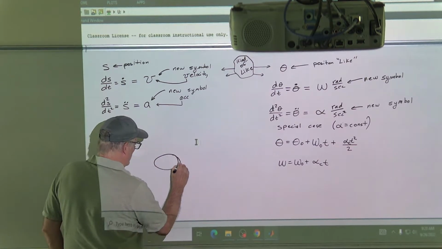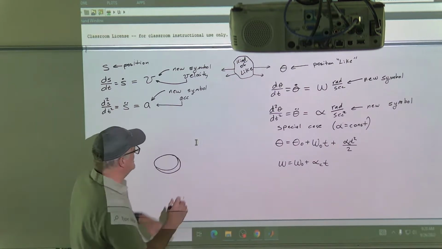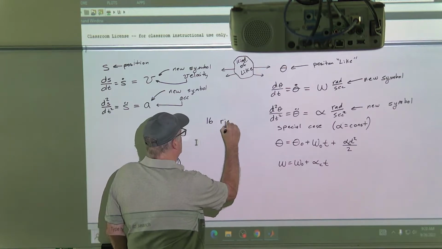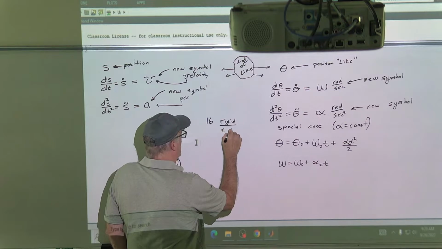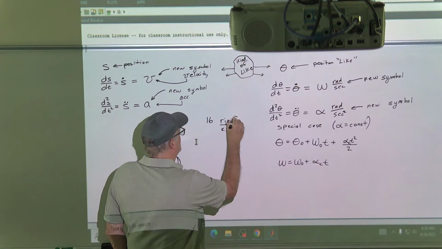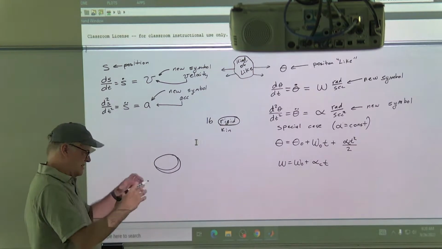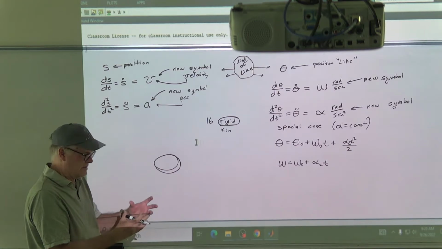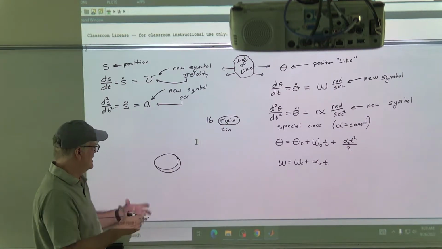So if you have a wheel, now, okay, so I should say something about chapter 16, and the title is rigid kinematics. So in other words, it's an object, some type of engineering object, part of a car, part of an engine, or part of something in which you hope it doesn't break apart, and it's just a rigid body.